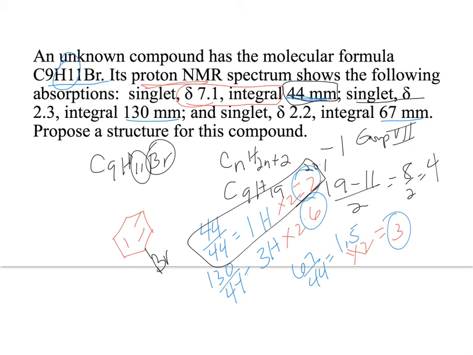You also have a singlet at 2.3. So that means you got some benzyl protons. And at 130, you have 6 of these. So there's benzyl protons at 2.3, and that would be 6 of them. 3 and 3 would be 6.